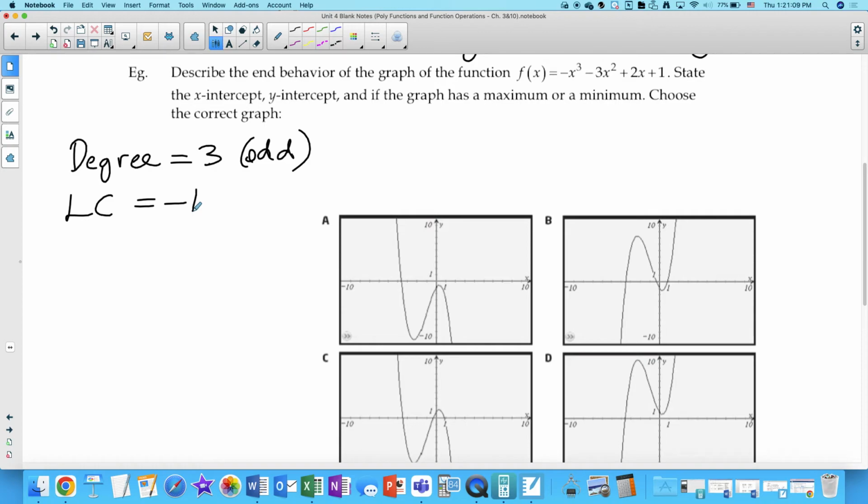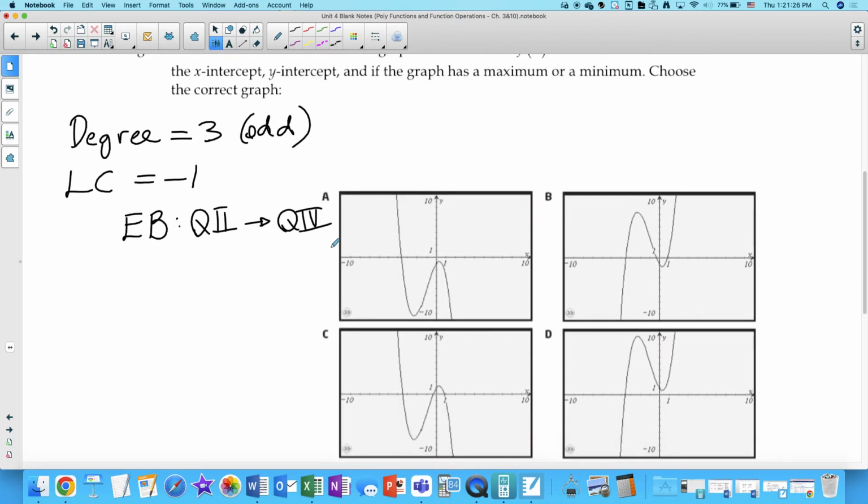So it's going to end in quadrant 4. So the end behavior is going to be quadrant 2 to quadrant 4. Okay, so let's see. These two are out.